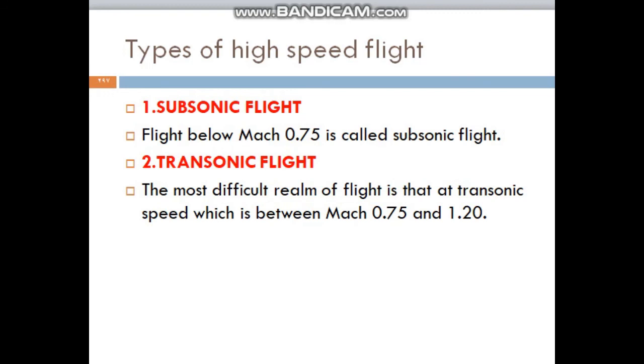Types of high-speed flight. We have subsonic flight, and flight below Mach 0.75 is called subsonic flight. Transonic flight, the most difficult realm of flight, is at transonic speed, which is between Mach 0.75 and 1.20.